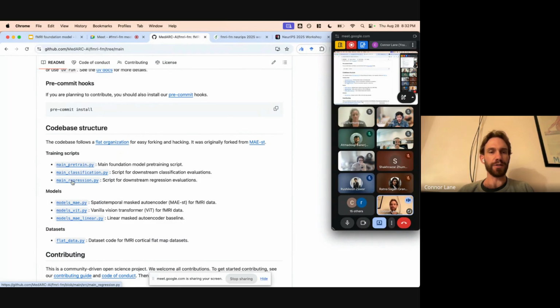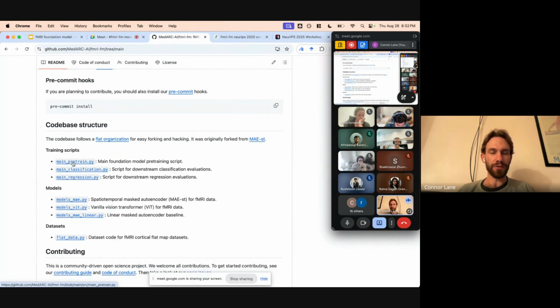I've since merged these into just a single downstream evaluation script, and I'll push that change before too long. These are the main entry point scripts, which would be good to read and give you a pointer into the entire code base, more or less.